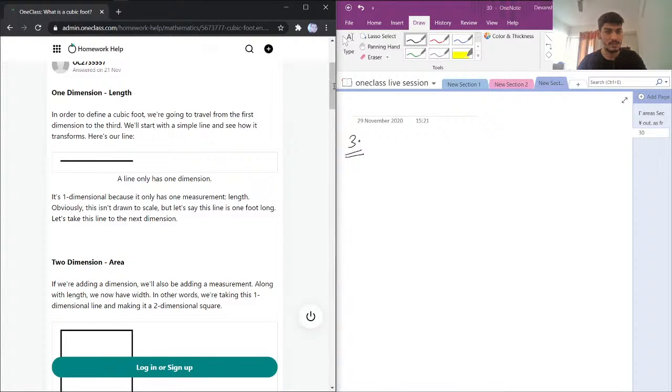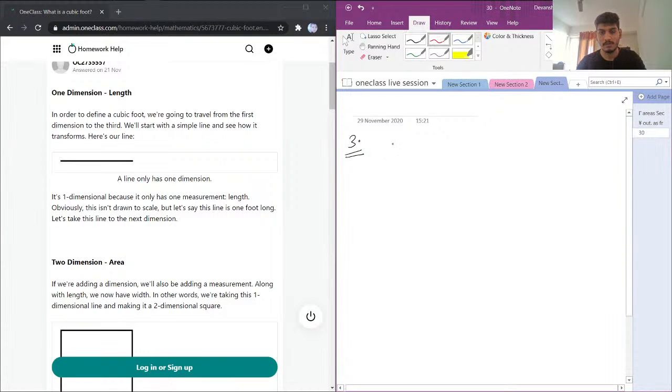Here's our line. It is a one-dimensional line because it only has one measurement, length. Obviously, this isn't drawn to scale, but let's say the line is 1 foot long.